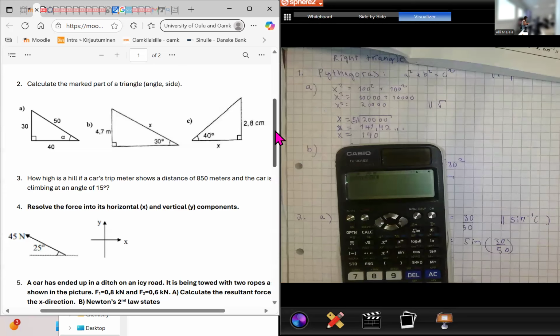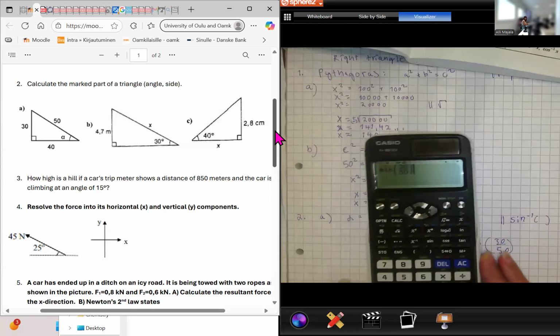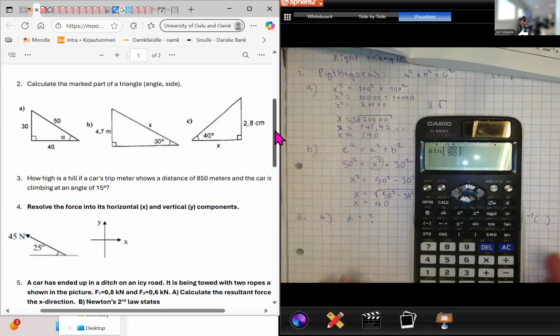So it was 30. Oops, I'll do it the other way. Put it like this because it looks better. Like that. Oh, sorry. Now I'm doing something wrong. I didn't take the inverse, did I? Now I'm getting something weird.